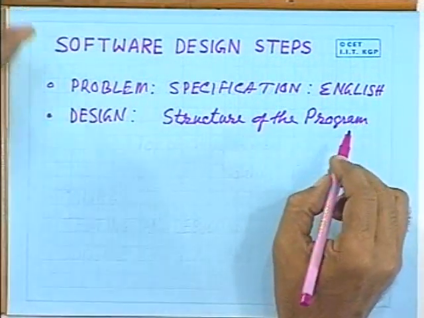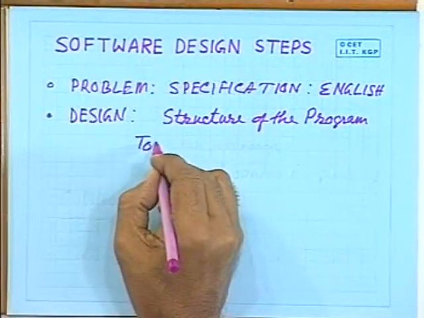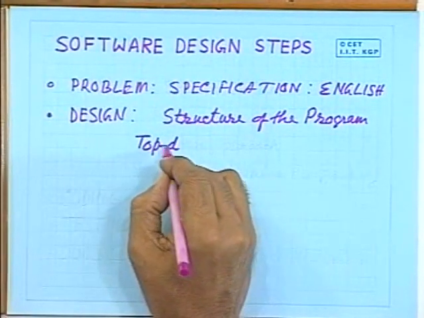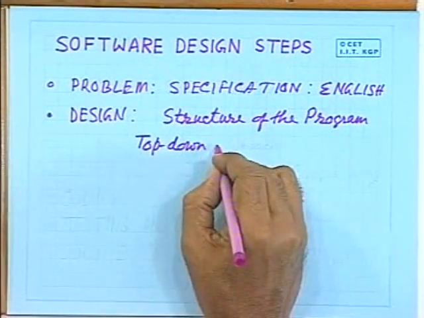Now in some cases the problem may be very complex. If you write a single monolithic program, it may be too big and too complex to debug. So what is being done? A top-down design approach is followed.